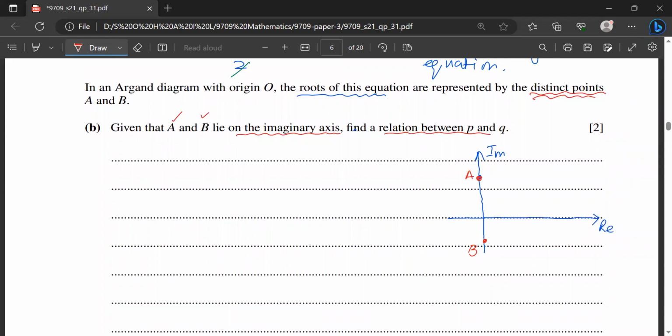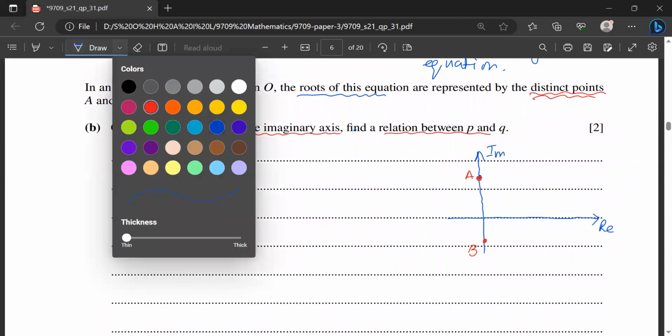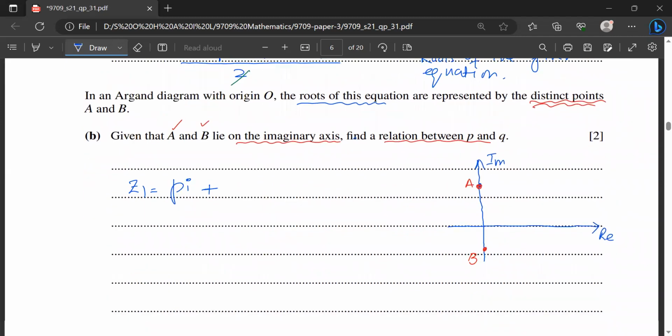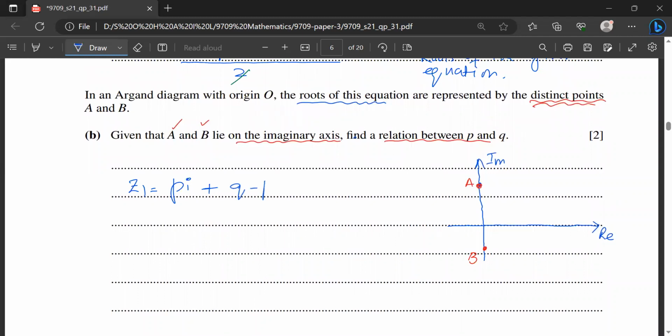Now, the roots are, say z1 is the first root, p iota plus the square root of q minus p squared, and the other is z2 equals p iota minus the square root of q minus p squared.